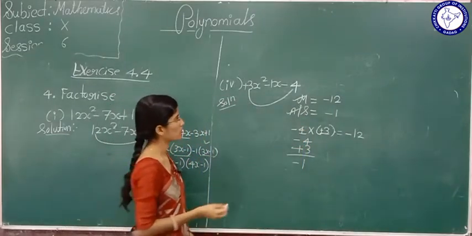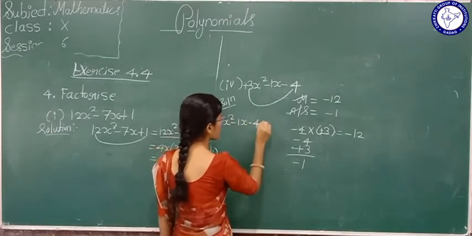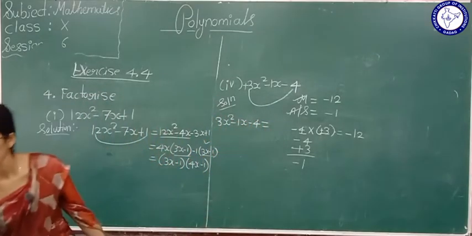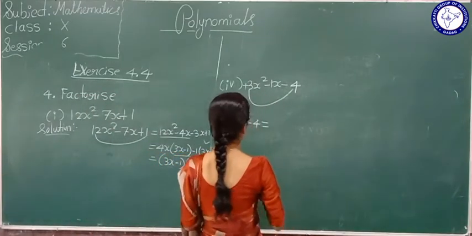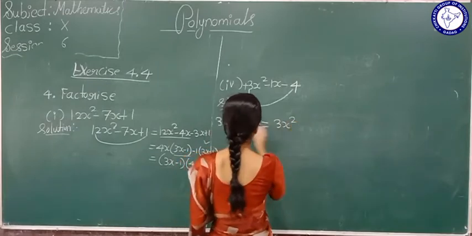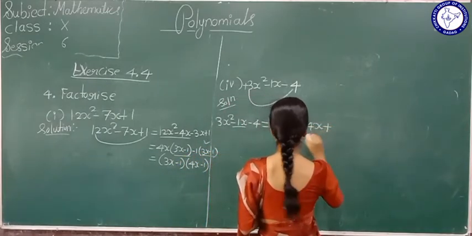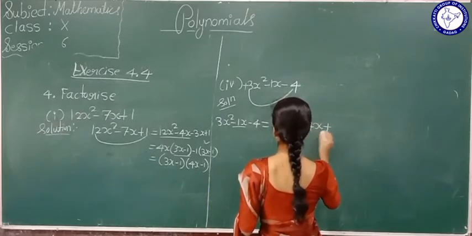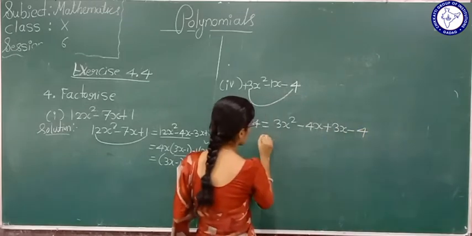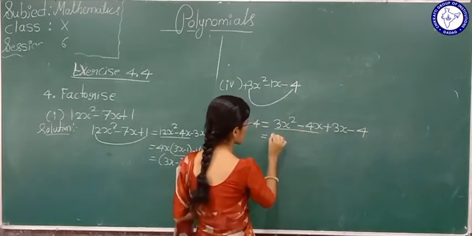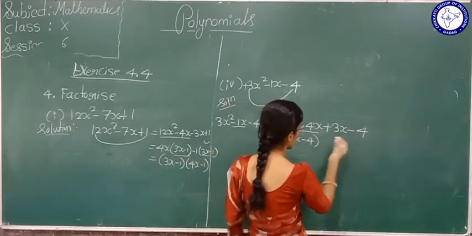Therefore what can we write? 3x square minus 1x minus 4 is equal to 3x square, this minus 1x can be written as minus 4x plus 3x, minus 4. Is there any common here? Yes, x is common. What is remaining? 3x minus 4. Is there any common here?